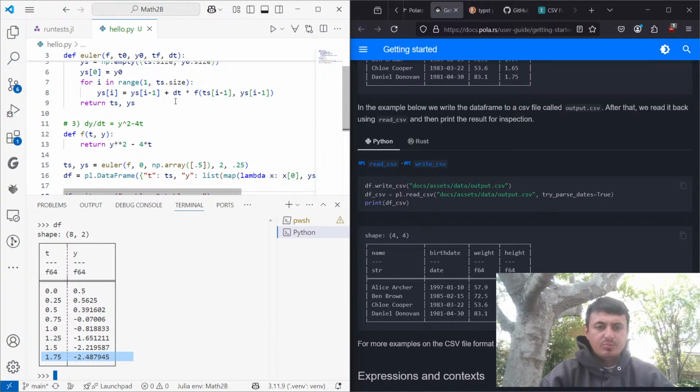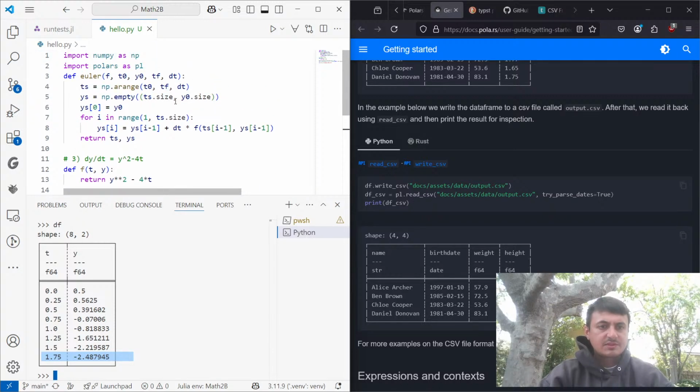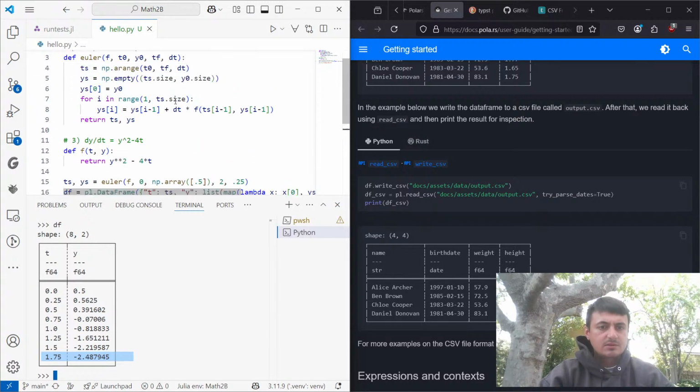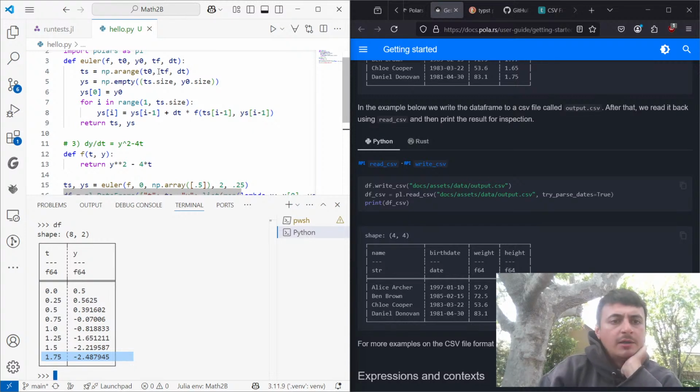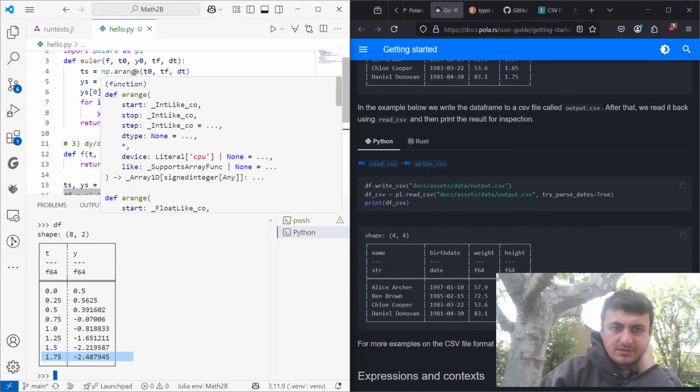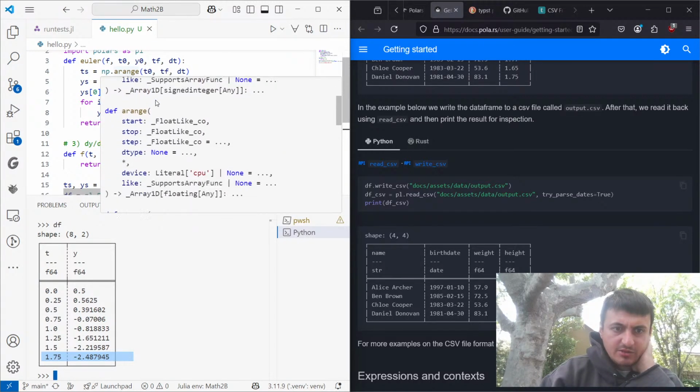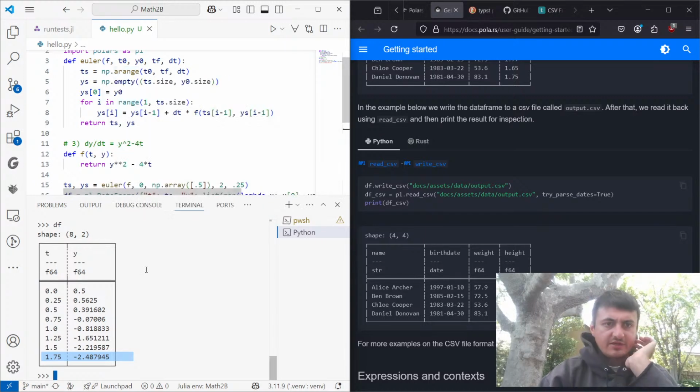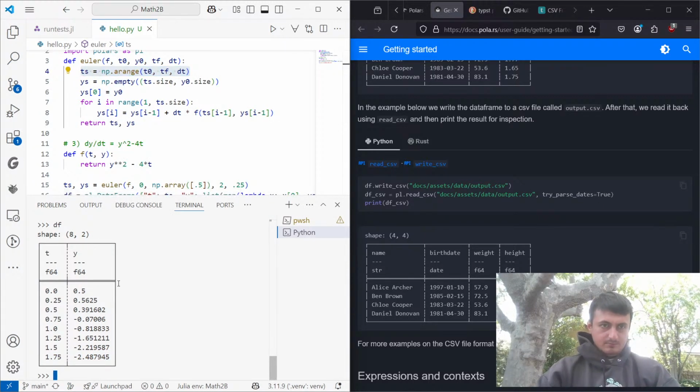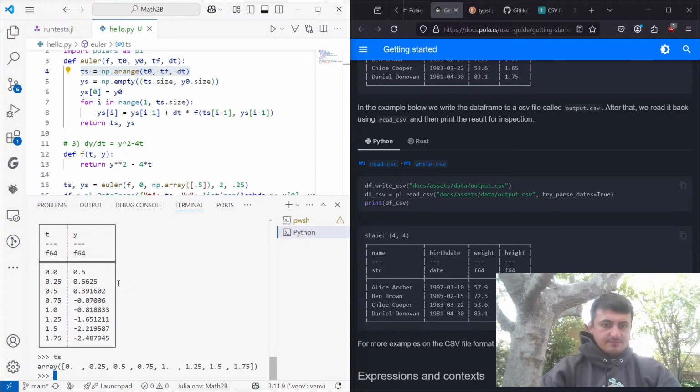We need 9 points, 8 steps. np.arange. So arange, how do I include the endpoint? Because if I do TS, right, np.arange. Is there a thing where I can do this?